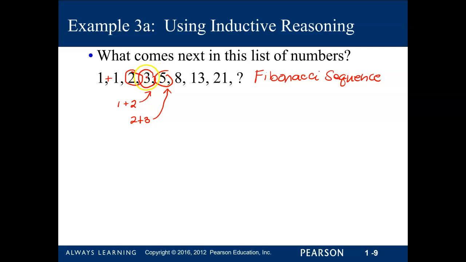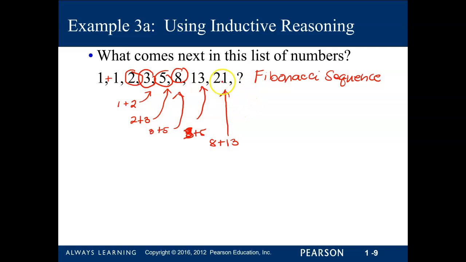If you add these two previous ones, it's going to be 3 plus 5, and you'll get the 8. 8 and 5, you'll get the 13. And then 13 plus 8, that would be 21.